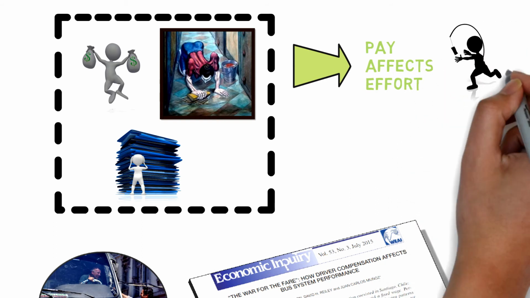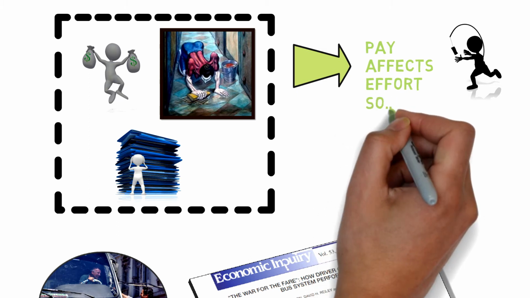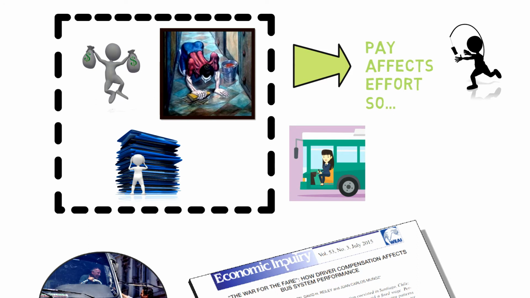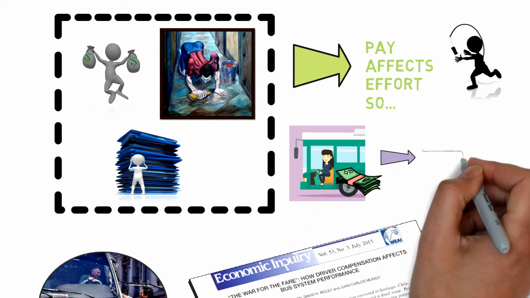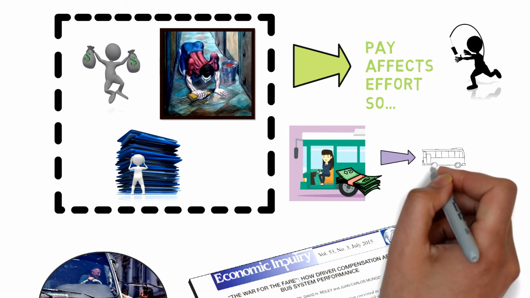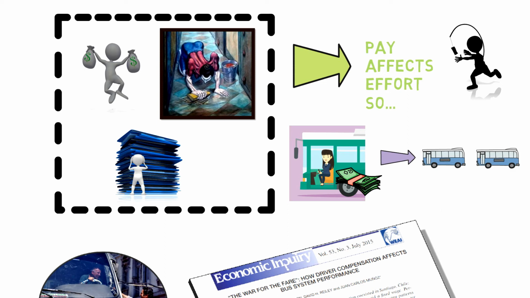In contrast, bus drivers who are paid per passenger are seen as having a financial incentive to adjust their spacing with the bus in front of them, so they are more likely to exert additional effort to avoid bunching. In other words, we can derive a simple personnel economics hypothesis. The financial incentive of paying bus drivers on a per-passenger basis is predicted to reduce bus bunching compared to situations when drivers are paid a fixed hourly wage, and this is what that study found.